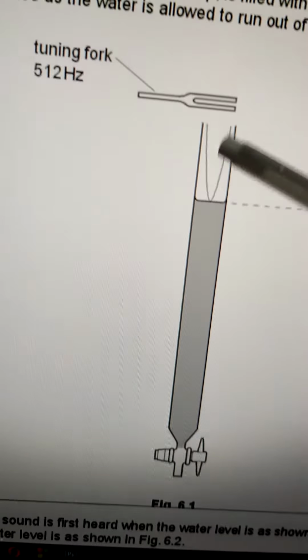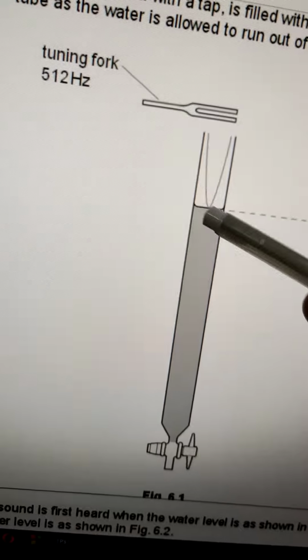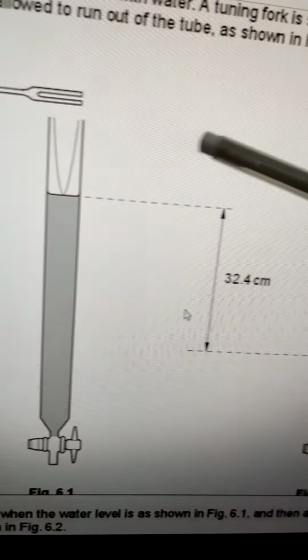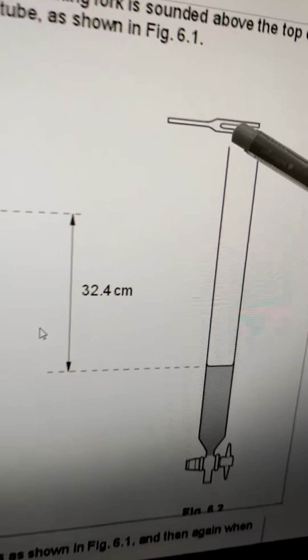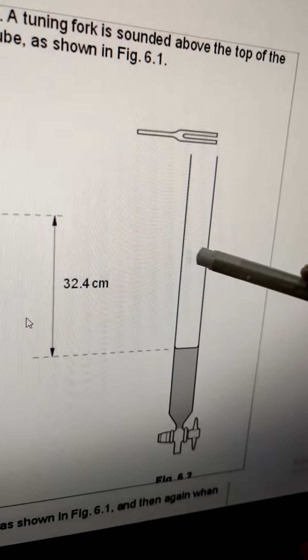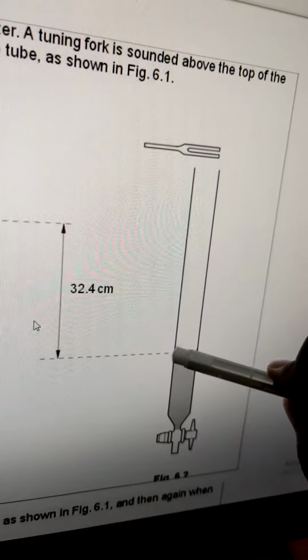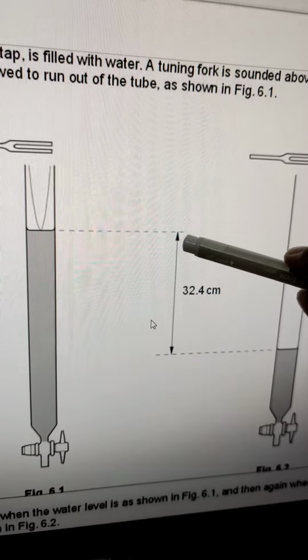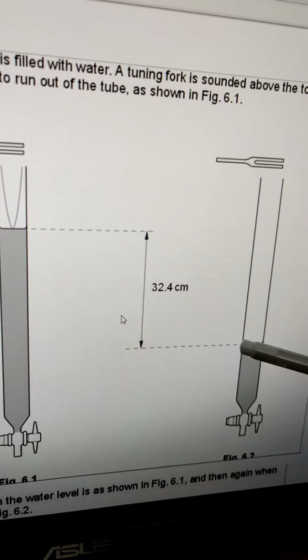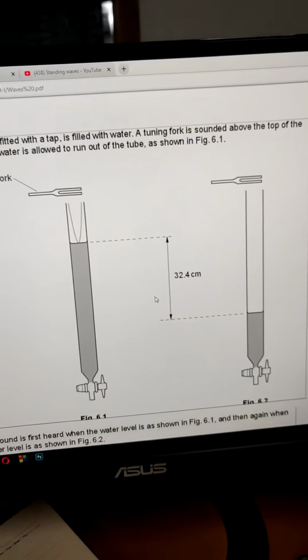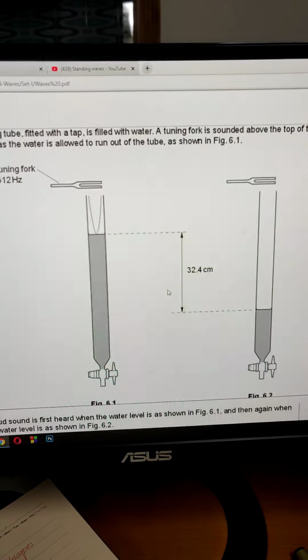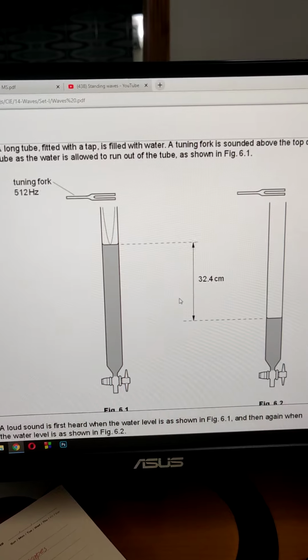So when the water is at this level, a loud sound occurs, and then as the water keeps going down, the tuning fork is still vibrating, but there's no loud sound, no loud sound. But then when it gets to exactly 32.4 centimeters, another loud sound comes, right? So what exactly is happening?